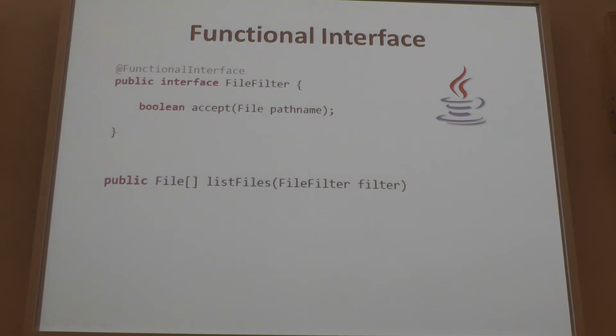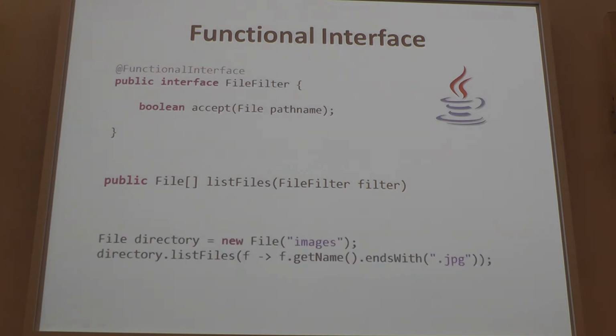Okay. Then we have some API. For example, on the java.io.File class, there is a method called listFiles. It takes an instance of FileFilter and returns an array of files. Again, this method is as old as Java 1, nothing new. But now you can use it like this.